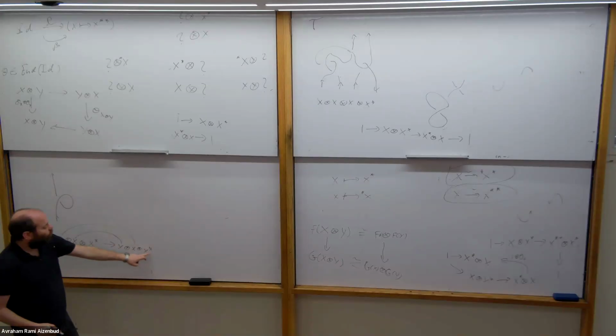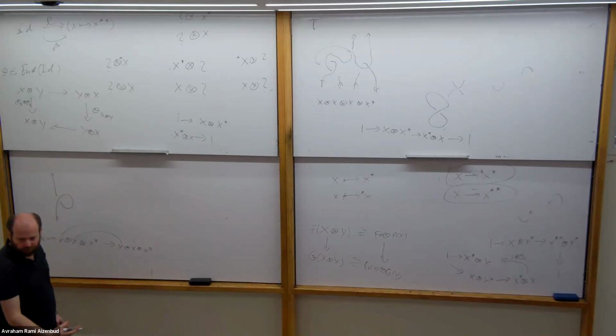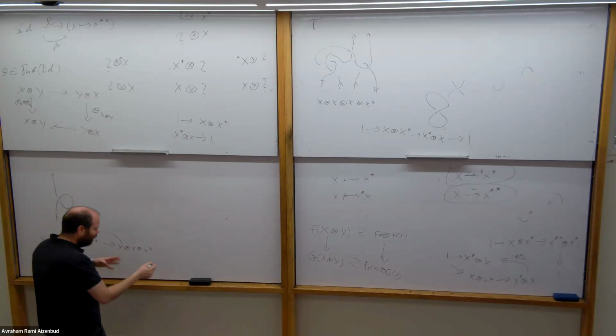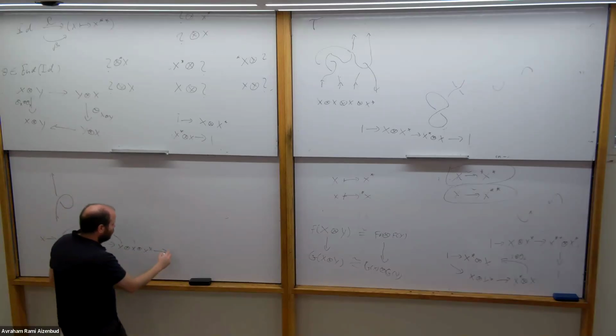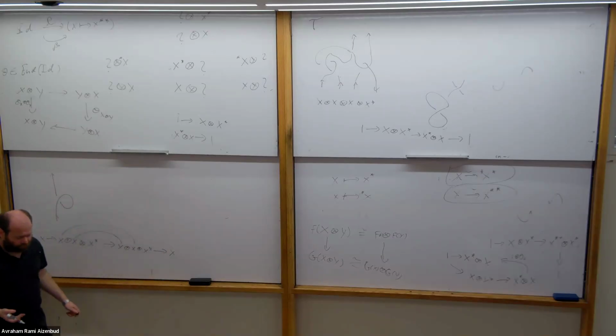And then you have the co-evaluation. You're not allowed to do directly the co-evaluation, but braiding, pivot, braiding, twist and co-evaluation, so I just call it shortened co-evaluation. Maybe it's even easier with the pivot.